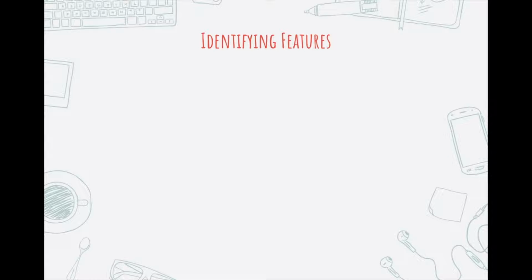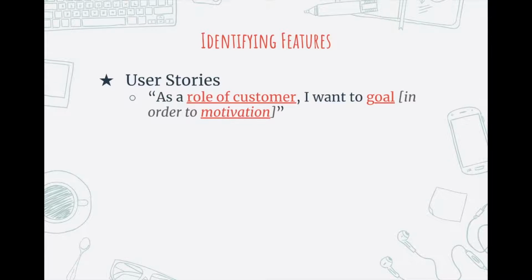But first, let's talk about identifying what features need to be incorporated in your application. And in order to do so, we're going to write what are called user stories. And user stories are written in the perspective of the customer in this format. As a, then defining the role of the customer. I want to, then defining what that customer's goal is.